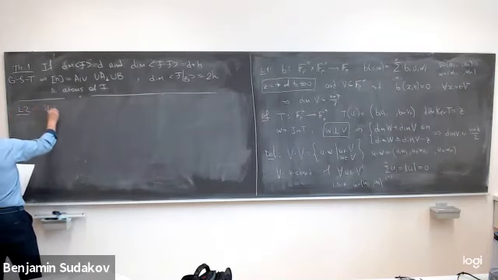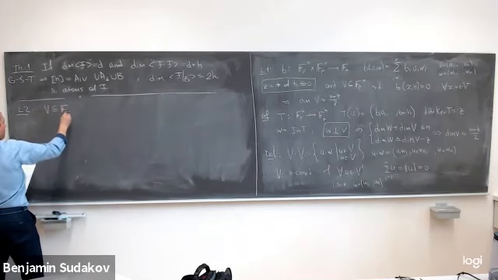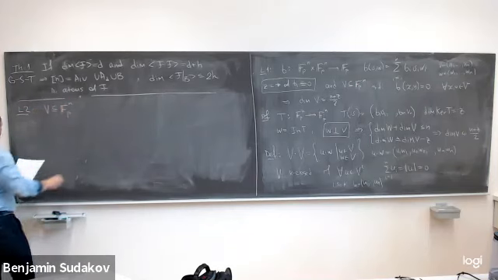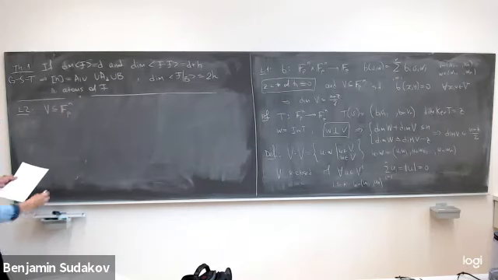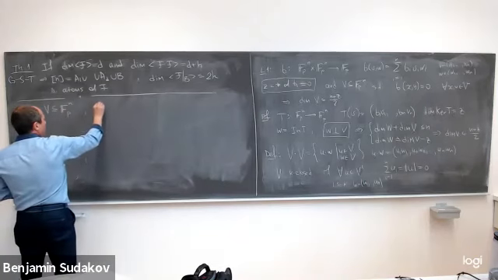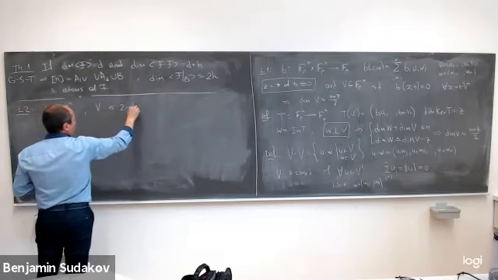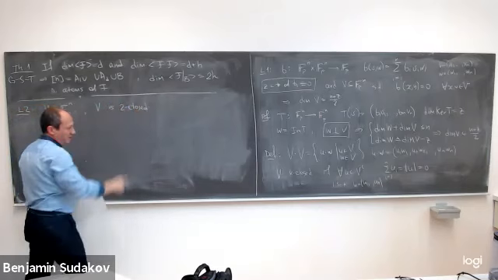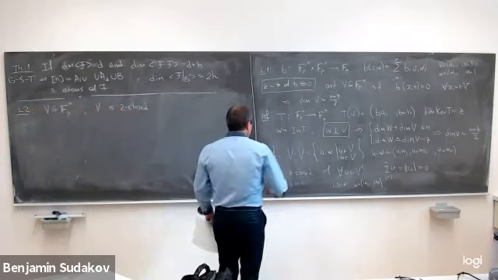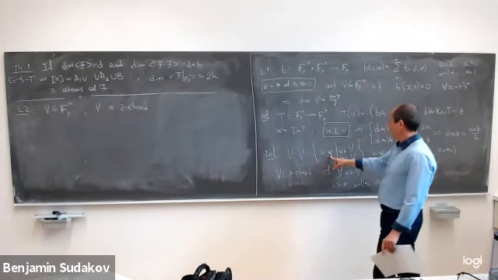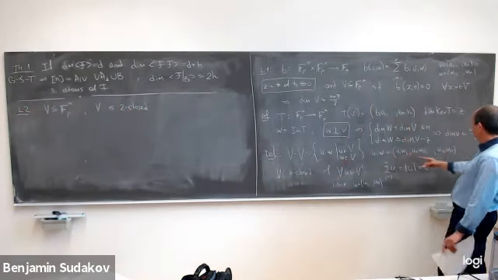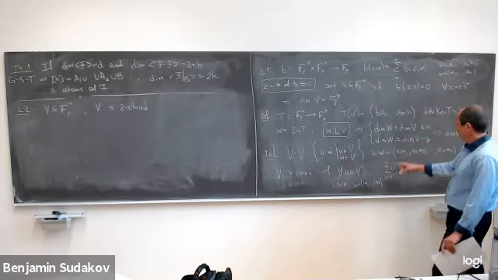So think you have a subspace V of Fp to the n, and you know that V is 2-closed. Which means that if you take any vector from V with any other vector from V, the coordinate-wise product, the sum of these numbers is 0.